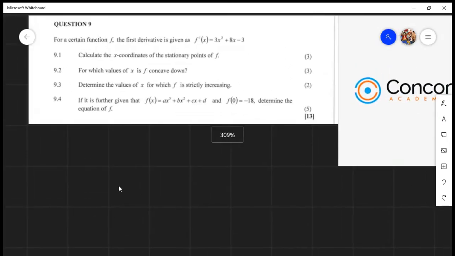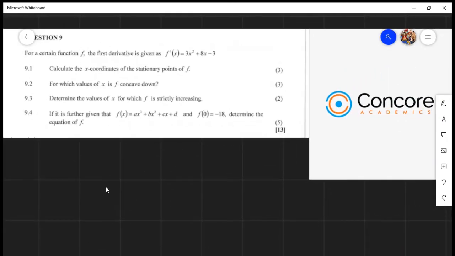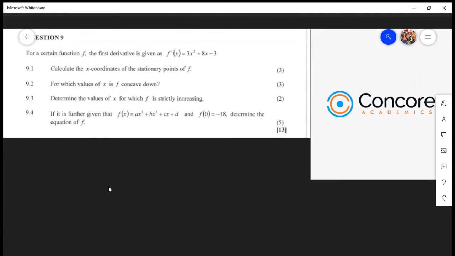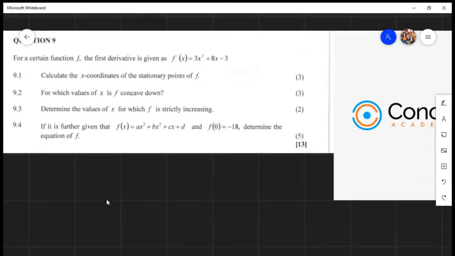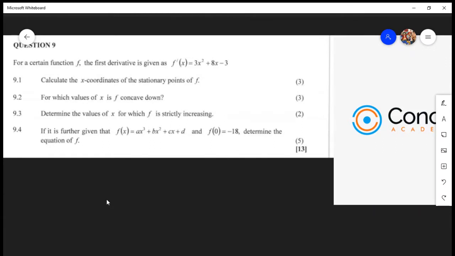Is everyone able to see the screen? How about that? Okay. So you guys previously asked for question 9.3 to show for which values of x is the graph increasing, right?